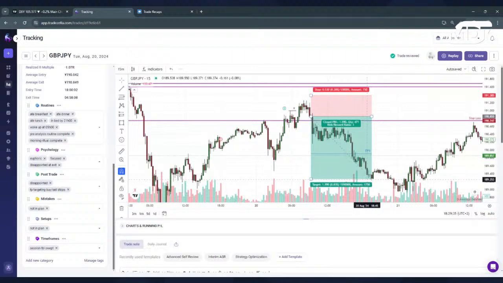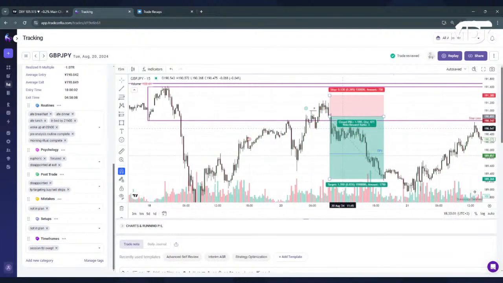Help me out here. 0.375, I think it is. So 0.25 plus 0.375 is just over 0.5% profit, instead of, if I left it for a full 1:3, that being 0.75.